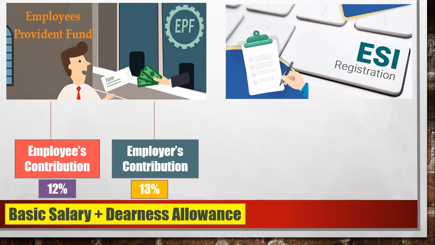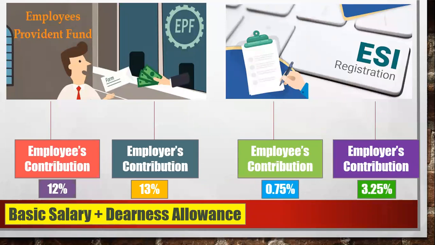Employee State Insurance. This is an act. So the percentage rate is employee's contribution 0.75 and employer's contribution 3.25.